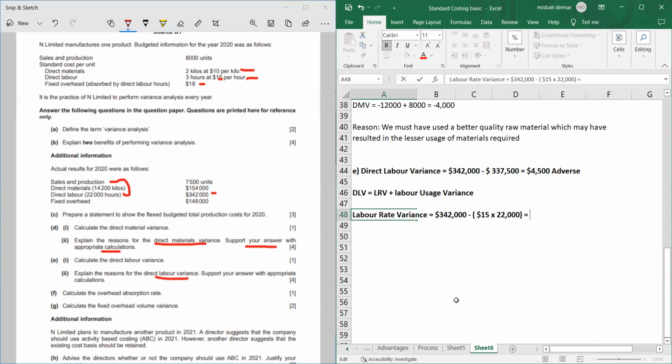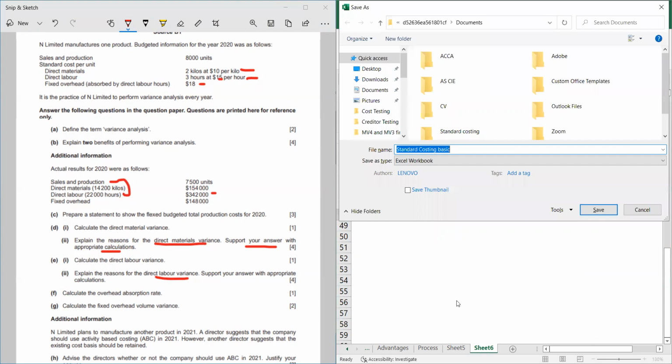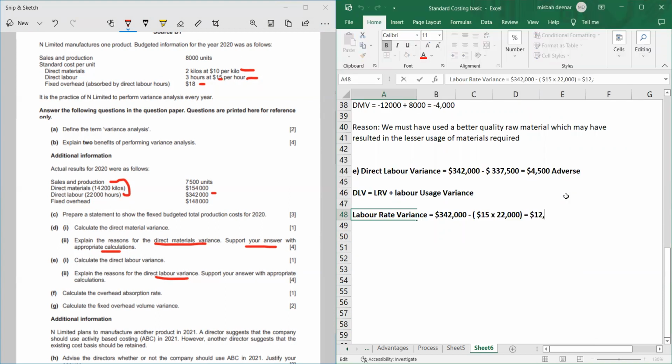If we calculate it, we get our answer as $12,000 adverse. The reason for it would be that the labor rate might have increased. So we can say that the hourly labor rate of laborers may have increased.